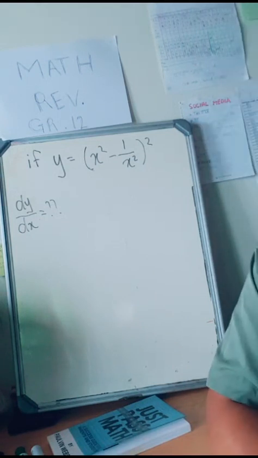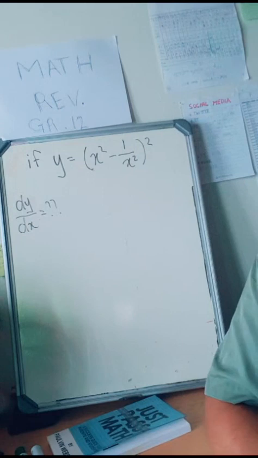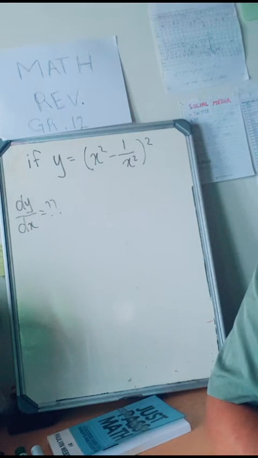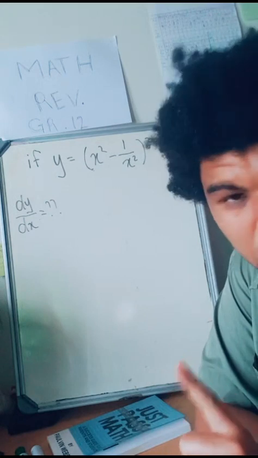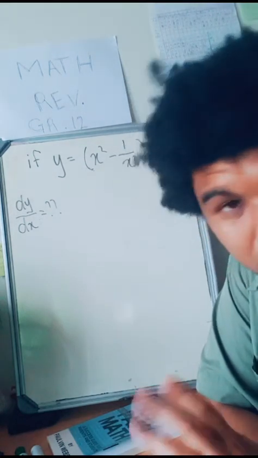Remember, I don't have the mark allocation for this one. Let me see. It's 3 marks. Remember, if it's 3 marks, it doesn't mean that you have to spend 3 minutes or 6 minutes.